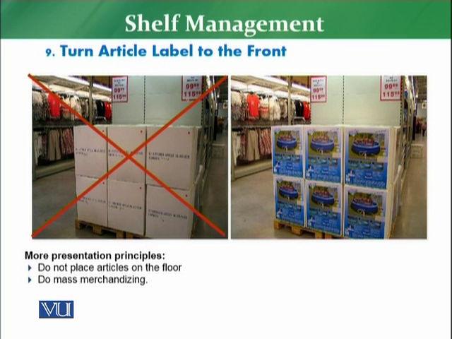Next is about turning article labels to the front. The ninth principle is about the way you have to present the product; this is a yes and this is a no. The two examples easily reflect the rule number 9 of presentation.